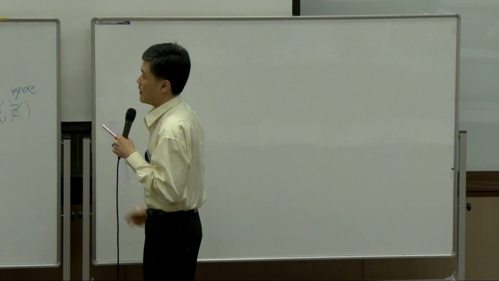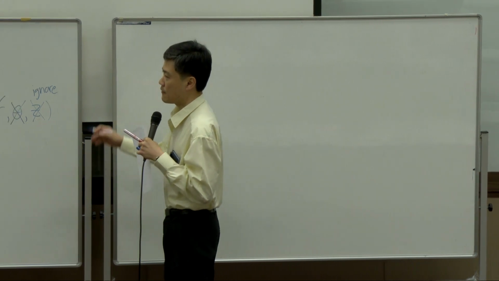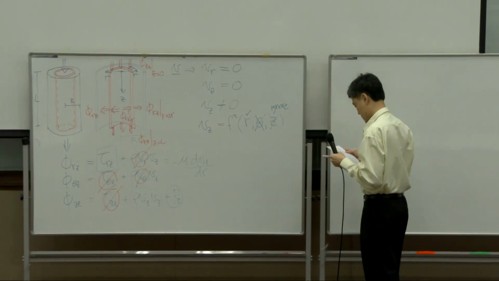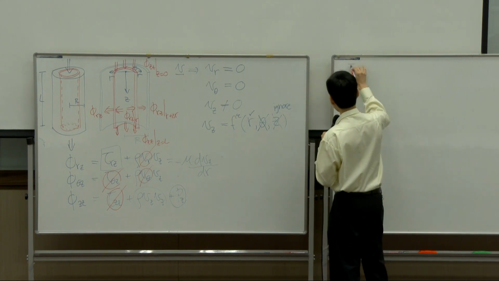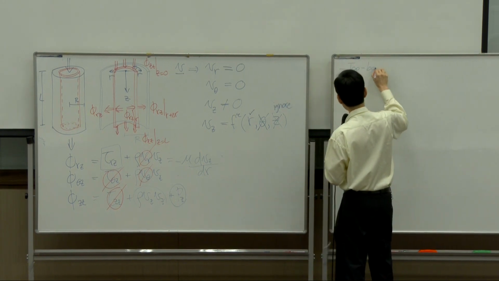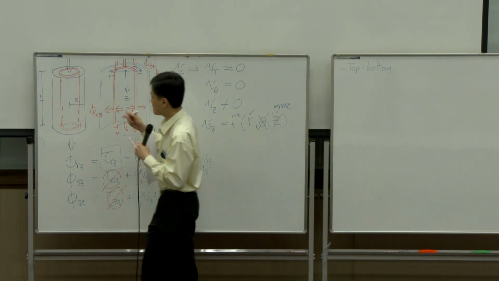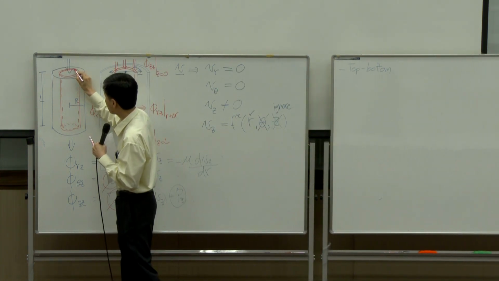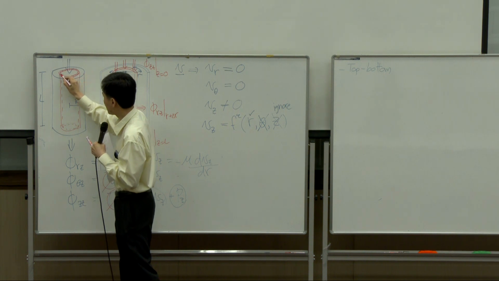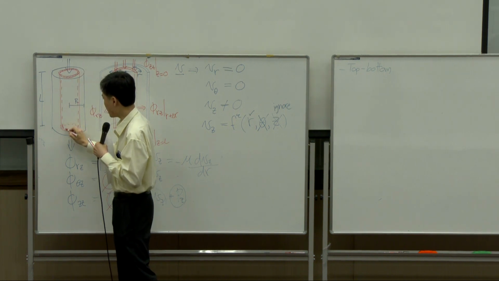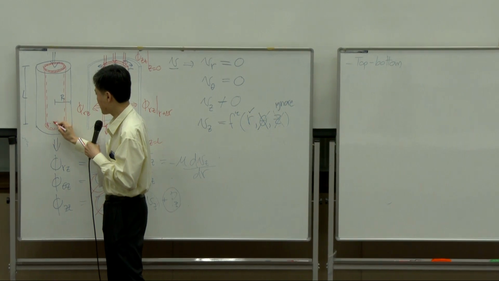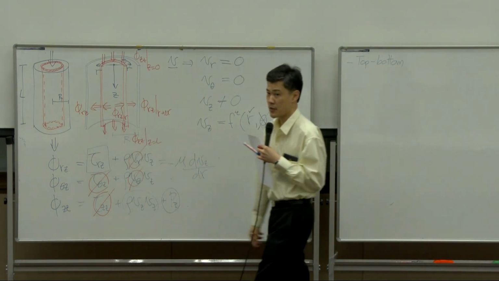Now, I'm going to show you the balance for each surface. Let's start with the top and bottom surface. That means this surface, going in and going out down here. Okay?